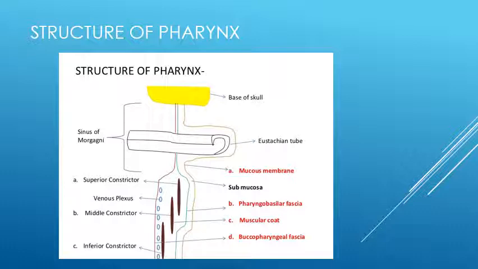The mucous membrane, or mucosa, is continuous with that of the auditory tube, the nasal and oral cavities, and the laryngeal cavity.